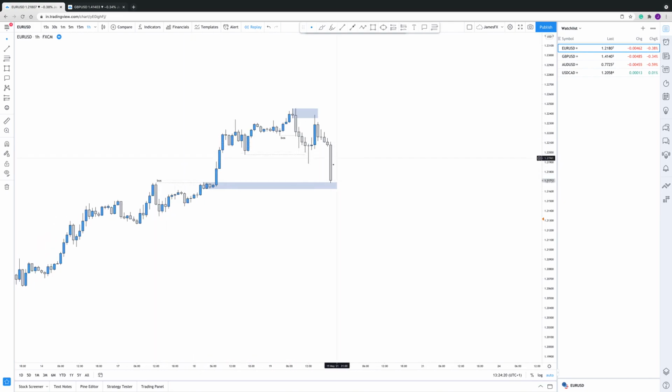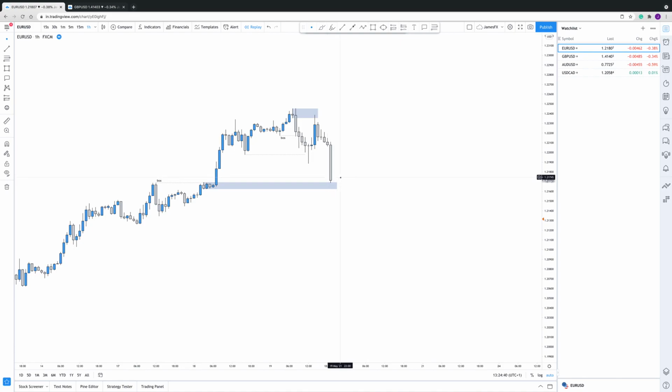Okay, so as price came in, we can note that we've seen some heavy momentum coming into this level. So price has taken out this low, rebalanced this move that was made previously, but price is impulsive.